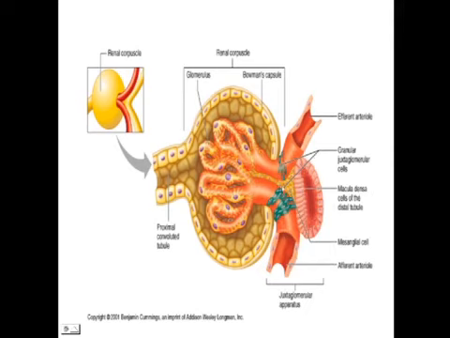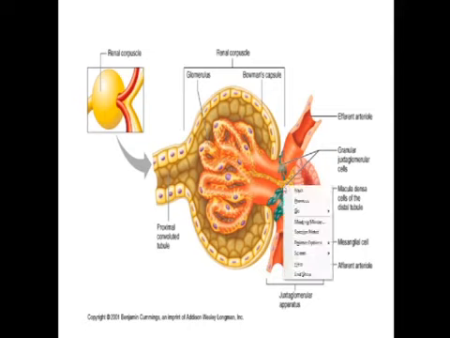These are the cells which are in between the two arterioles. Structurally, these cells resemble the intraglomerular mesangial cells with which they are contiguous, and the functional significance of the Lacis cells is not well understood.